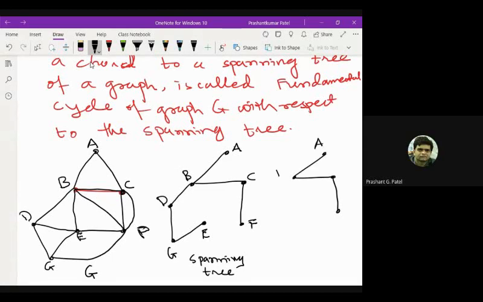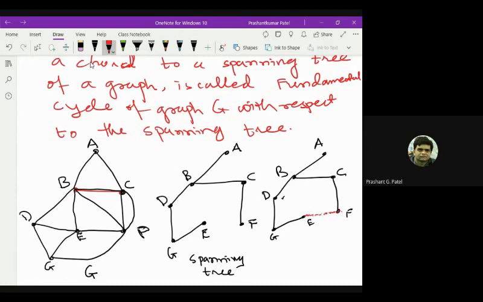This is my A, B, C, F. This is D, G, and E. And if I draw any edge between any two vertices here, it has to be in the graph G but not in the tree. Then I'm adding this edge here.